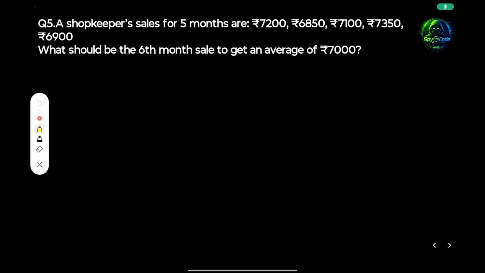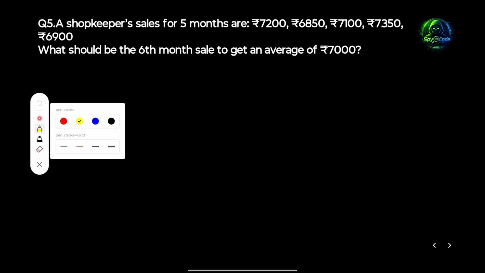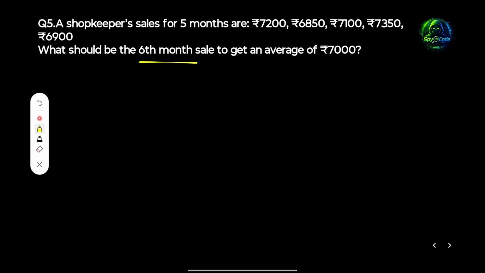A shopkeeper's sales for 5 months are 7,200, 6,850, 7,100, 7,350 and 6,900. What should be the 6th month sale to get an average of 7,000? For the 5 months, let us calculate the sum of 5 months.